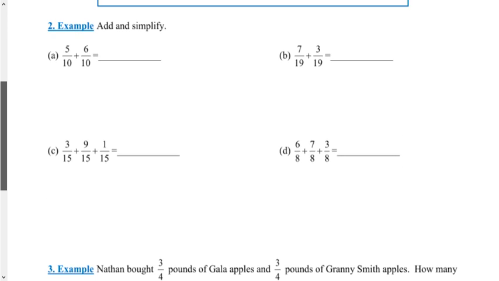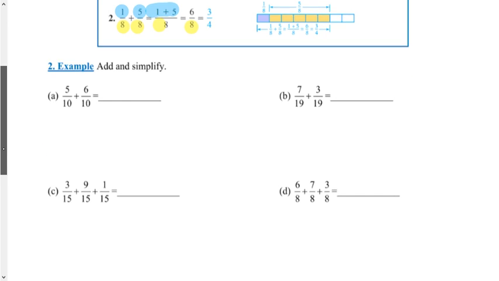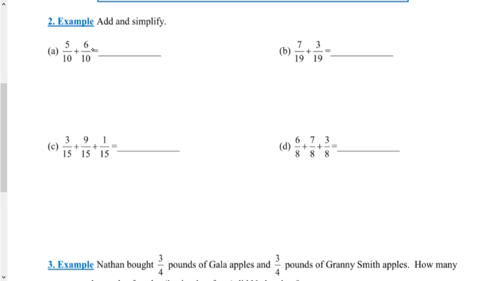So looking down here, this is where we're going to start to just do this a little bit quicker. 5/10 plus 6/10. Notice that we have common denominators with our tenths. So I can keep that denominator the same and then just say 5 plus 6 makes 11.